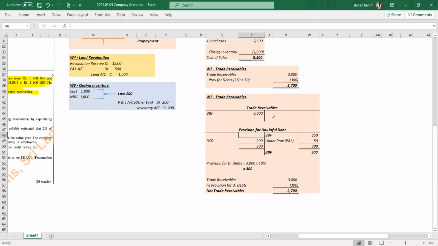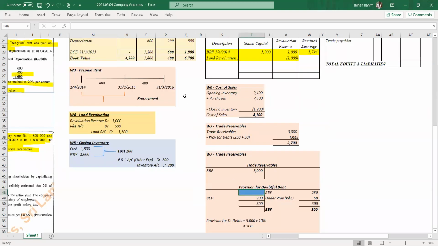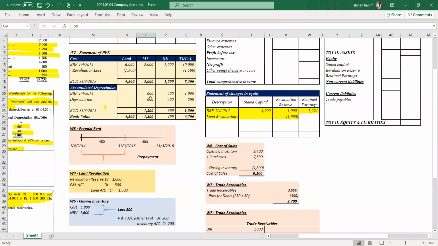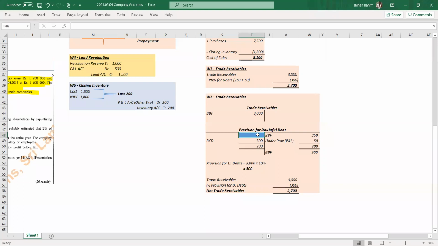Deduct means it comes to the debit side of the provision account, and in the working under distribution expense, it will be minus. Expense decreases. Okay, that's how you do it. It is the over provision.